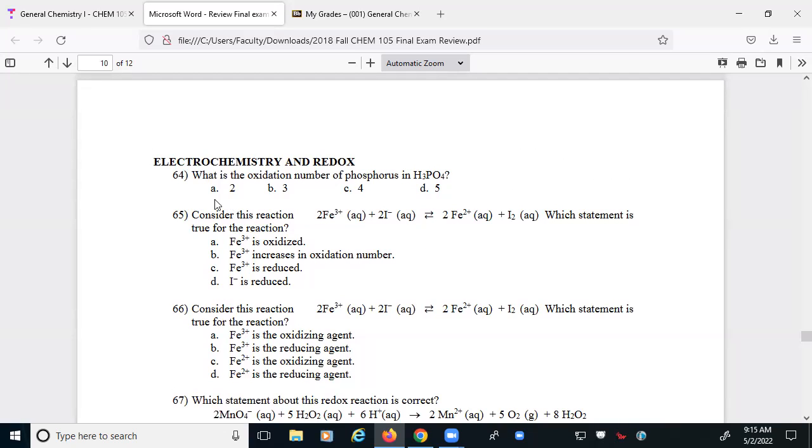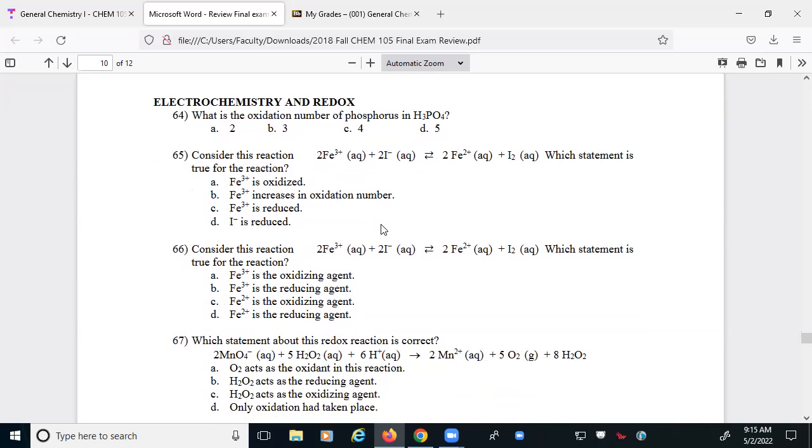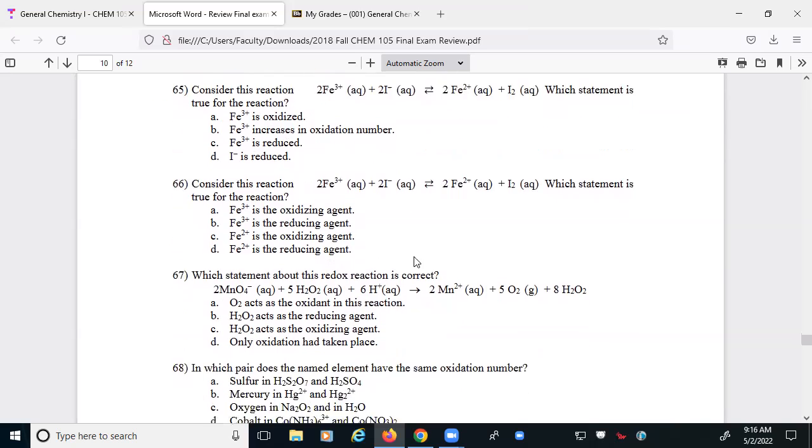Out of electrochemistry and redox, being able to determine oxidation numbers, being able to determine when oxidation and reduction are occurring. Remember, oxidation is the loss of electrons, OIL. Reduction is the gain of electrons, RIG. Being able to assign oxidation numbers correctly.